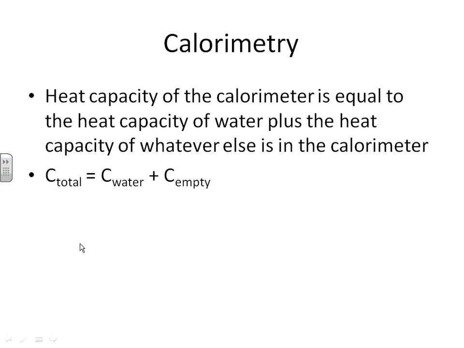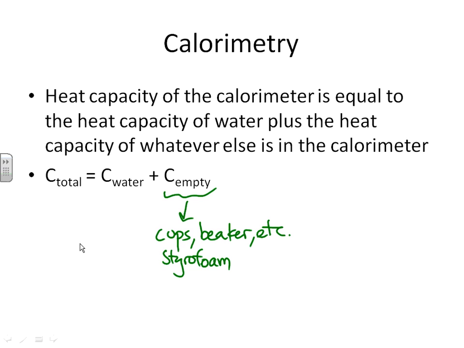So when we talk about a calorimeter as a whole, it's the two things that you've really got in it. You've got the water that's in it, and then you have C empty. This would be your cups, beaker, etc. This is styrofoam.